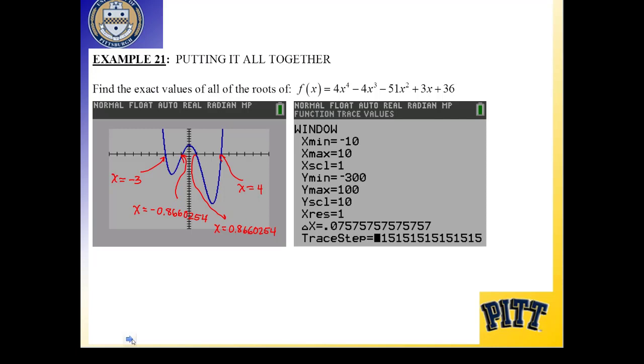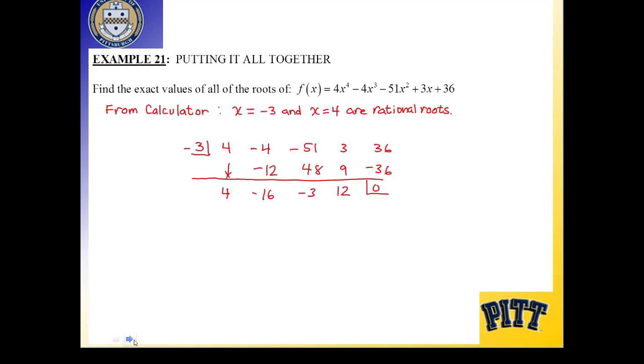So I now have my two rational roots. I want to find the exact values of my irrational roots. So I'm going to use synthetic division to break this function down. I already know what the result's going to be as far as the remainder goes. I'm going to get 0. So first I apply the -3. I do the synthetic division with that and the polynomial expression to do its coefficients.